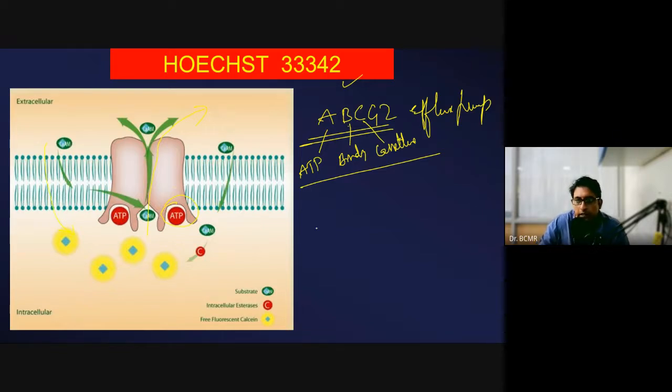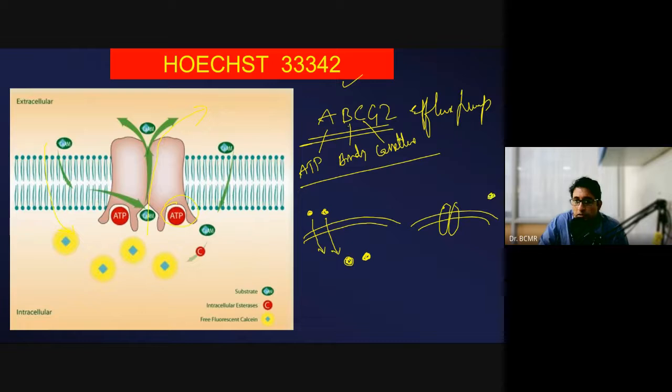Assume there are two different cells, one of which has the pump and the other does not. The dye molecules that we are putting in will pass through the cell membrane and will remain in a cell that does not have an efflux pump.